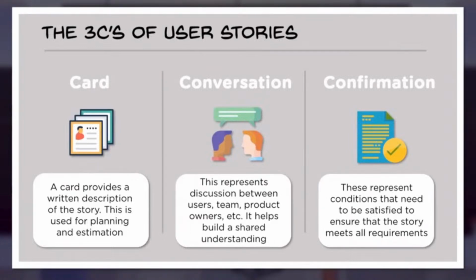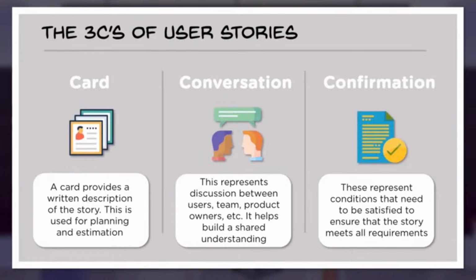Once the stakeholders converse together, then you get confirmation. This represents the conditions that need to be satisfied to ensure that the story meets all requirements. So you are confirming, and all the stakeholders are agreeing to that.